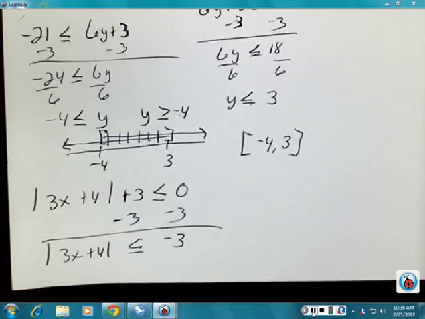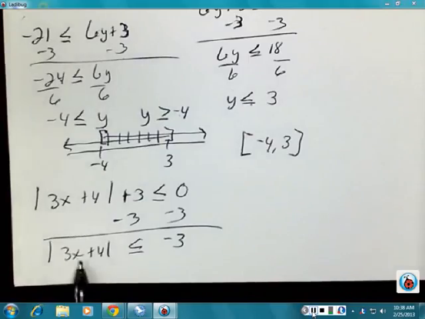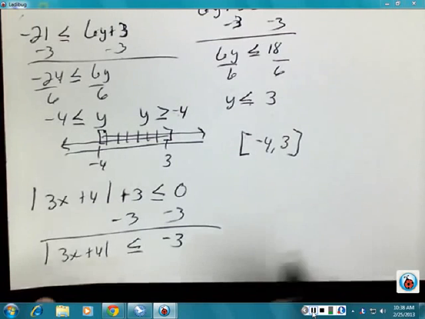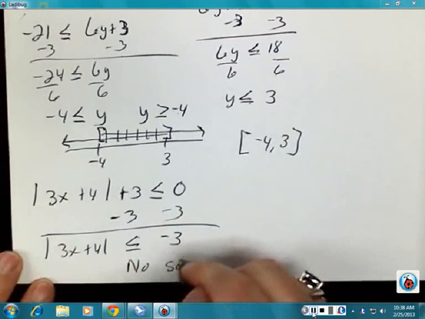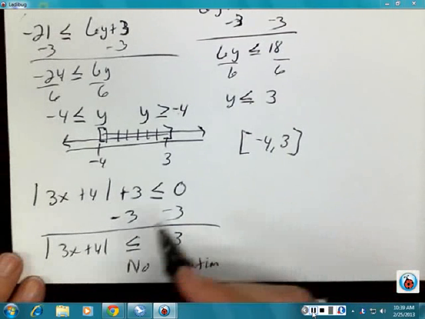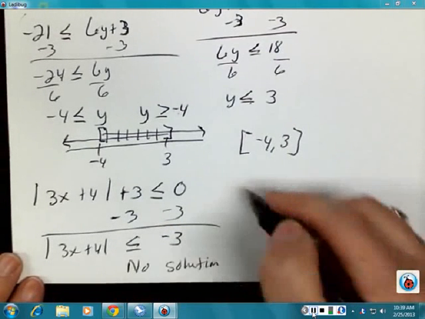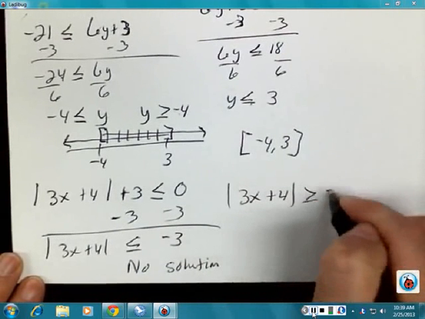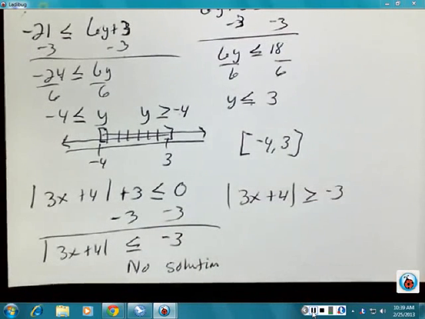Whenever you see a negative, we always have to think of special things. Can I get something over here that's going to be less than or equal to negative 3? No. So this is no solution. But if the sign was facing the other way, if it would have been 3x plus 4 going the opposite way, then it would have been infinite.